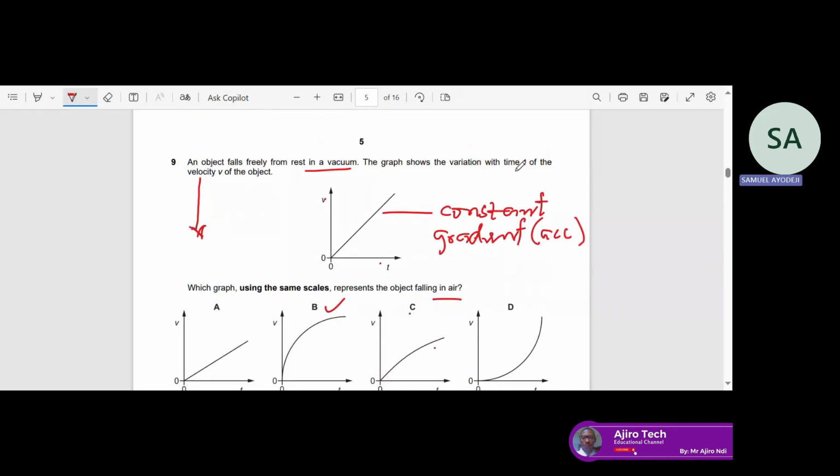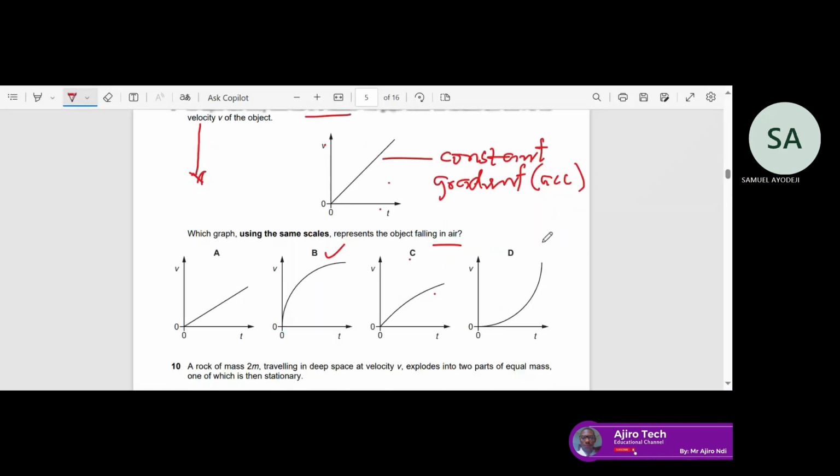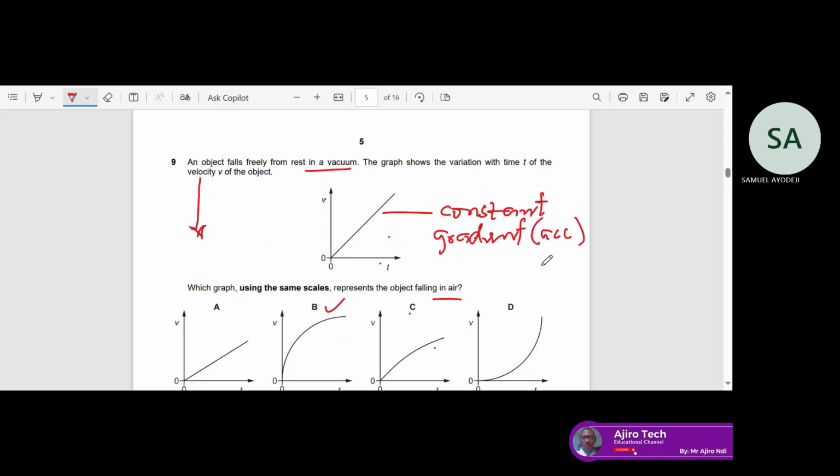In a vacuum, the graph is the same scale for the object falling in air. I think for this one, acceleration decreases and becomes 0.